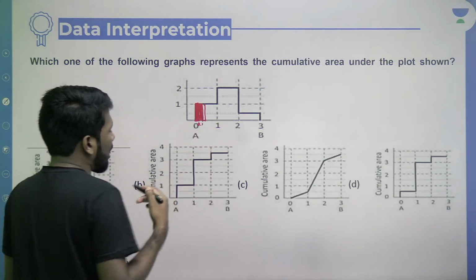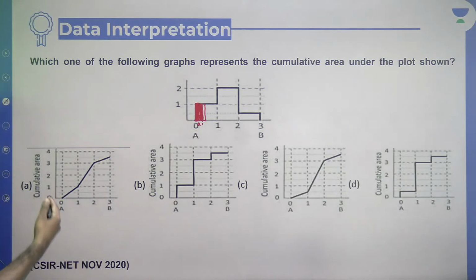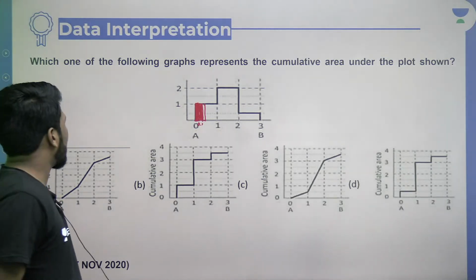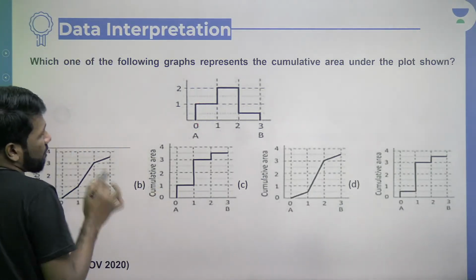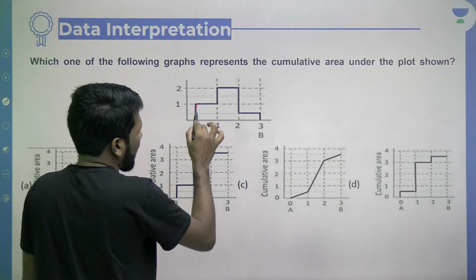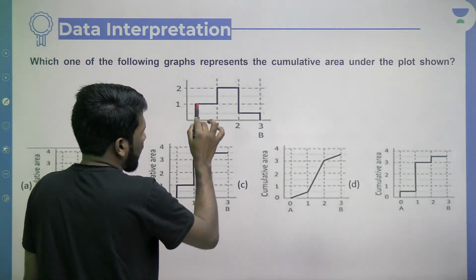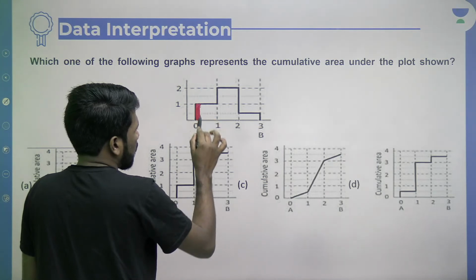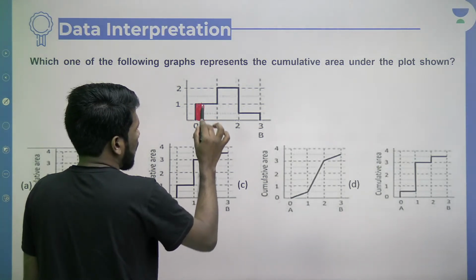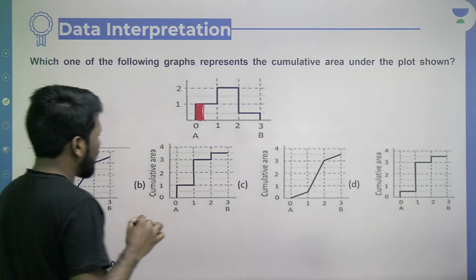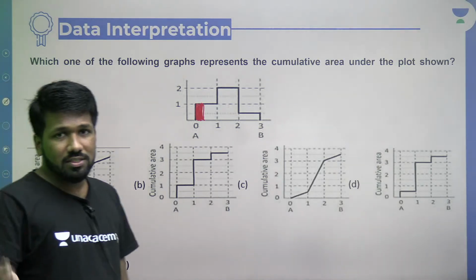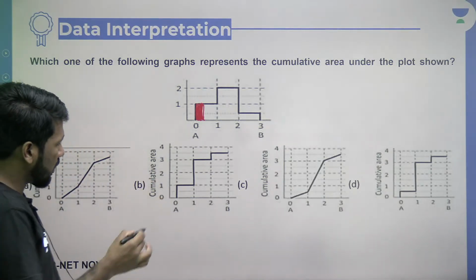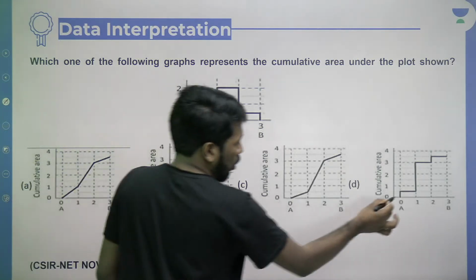So likewise the area will increase. Which graph says that? You can think like you are painting the surface line by line like this. That will give you a proper idea. So the cumulative area is increasing as you are continuing the painting. That means it's a gradual increase, na? It is not an increase like this or this.